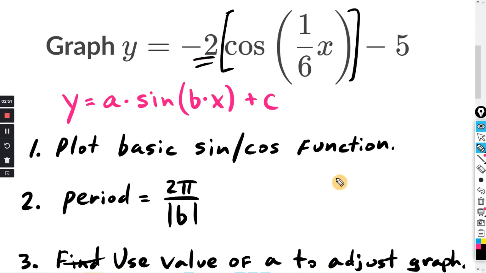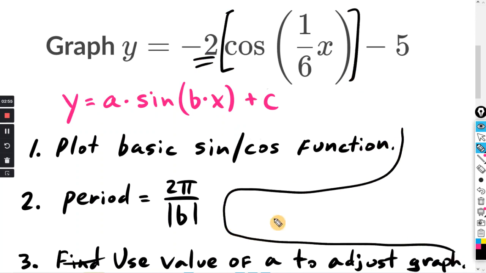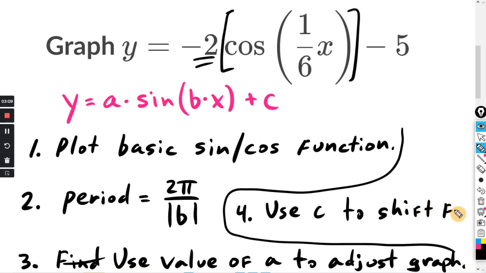And then finally, step four, we're going to use the value for c to shift the function up or down.